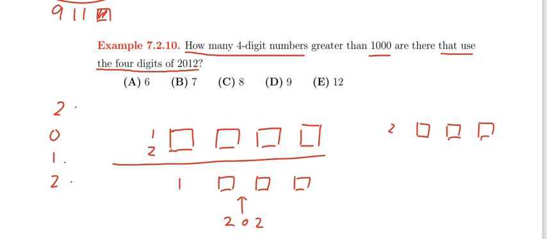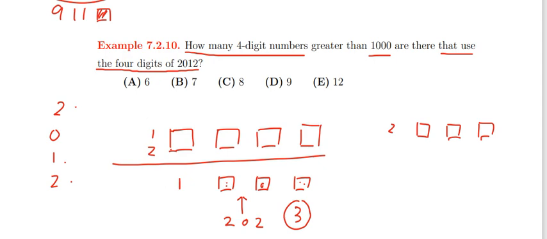If we put a 0, then the other 2 positions should be 2, 2. So 0 can be here, here, or here, so we have 3 ways. Once we place 0, the other 2 positions are just 2, 2, with no other choice. So if the first one is 1, we have 3 ways.